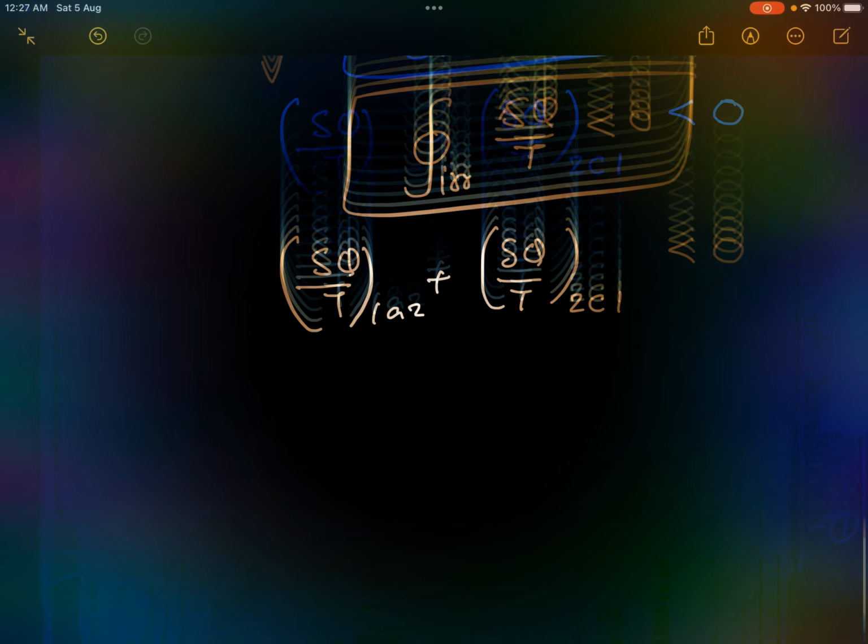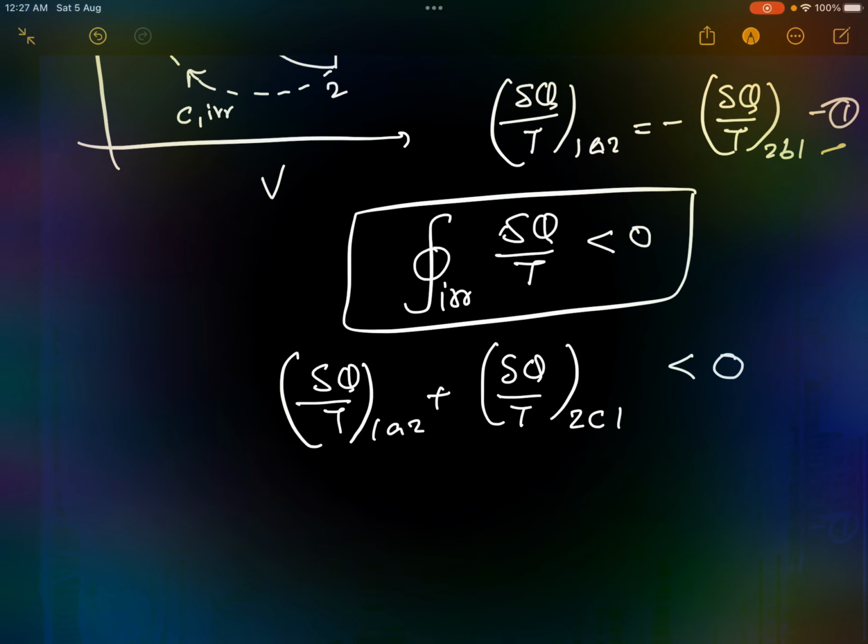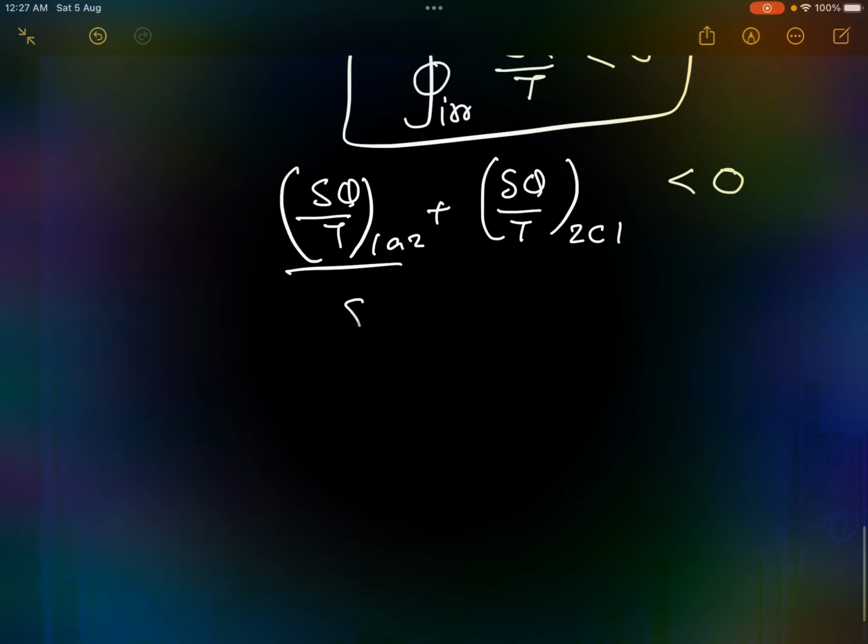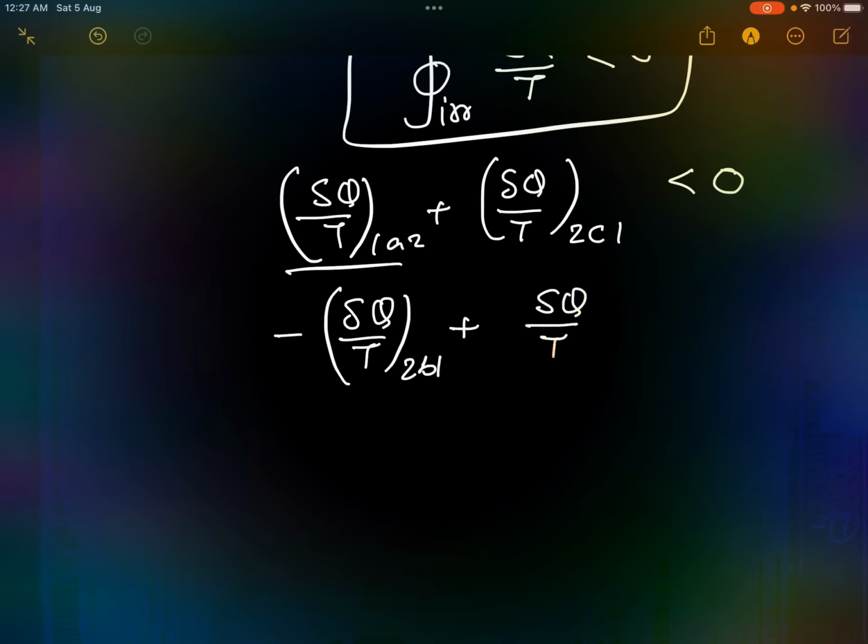Now we can use equation 1. I am going to replace this term from equation 1. I can write it as minus del Q upon T from 2B1 plus del Q upon T from 2C1 is less than 0.